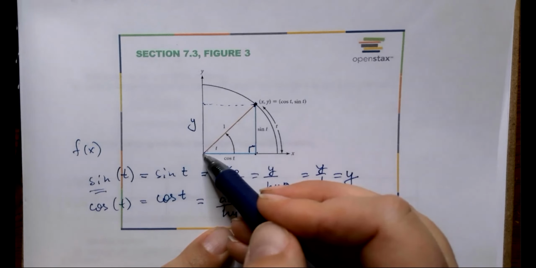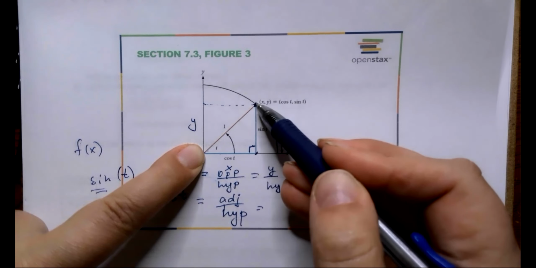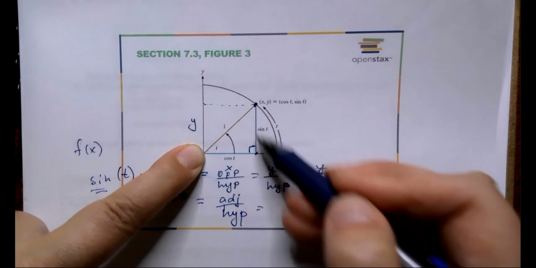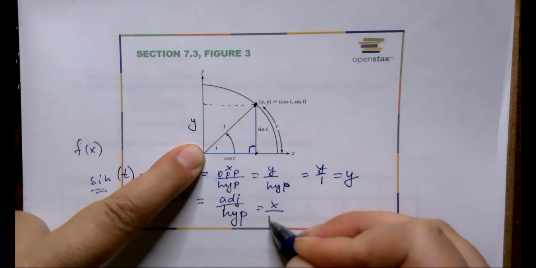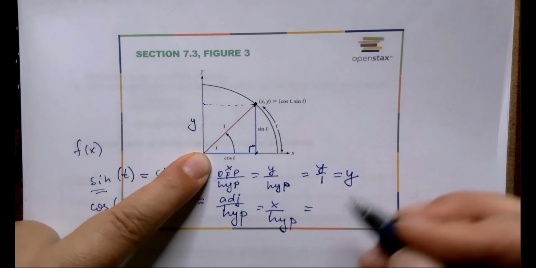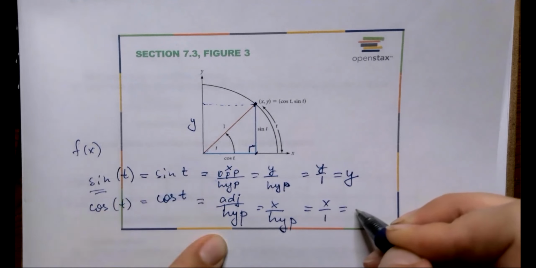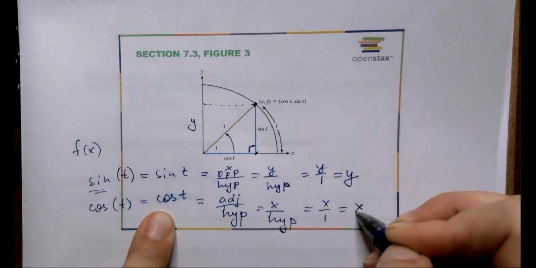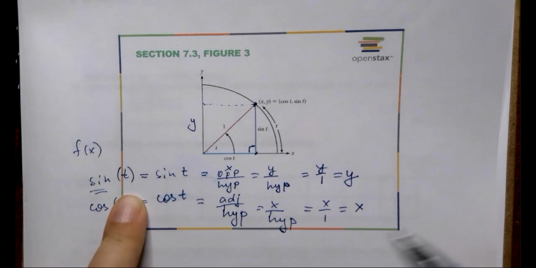And as you can tell, its length is the same as the x coordinate of this point, right? So it's going to be x coordinate divided by the hypotenuse. And because it's a unit circle, the hypotenuse is 1. So the cosine of t just becomes the x coordinate. Okay, so again, it's a simplification for the unit circle.